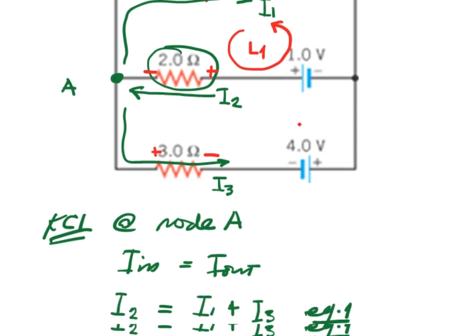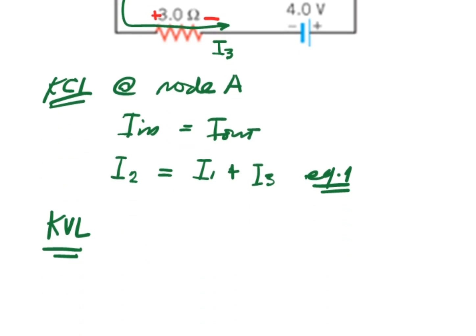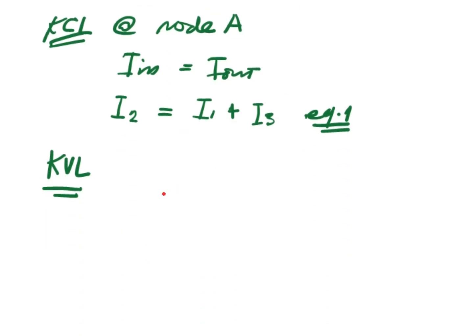Now according to Kirchhoff's voltage law, the sum of all the potential differences, may it be potential rise or potential drop, is equal to 0. So according to Kirchhoff, the sum of all the potential rises plus potential drops is equal to 0.